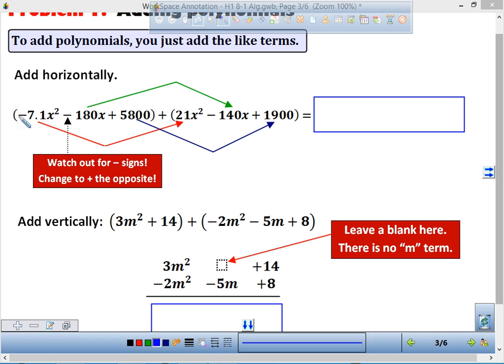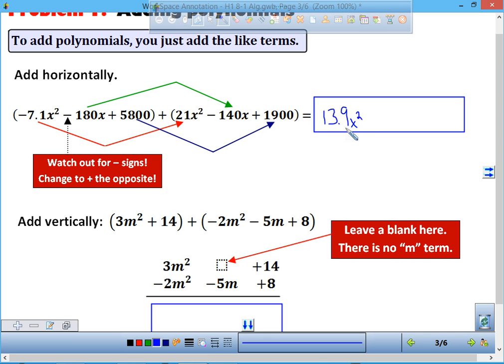You would add them together, so it's basically 21 minus 7.1, which gives us 13.9x squared.